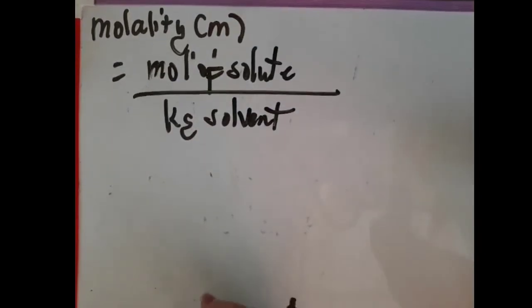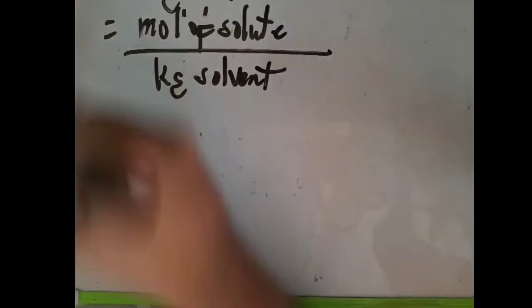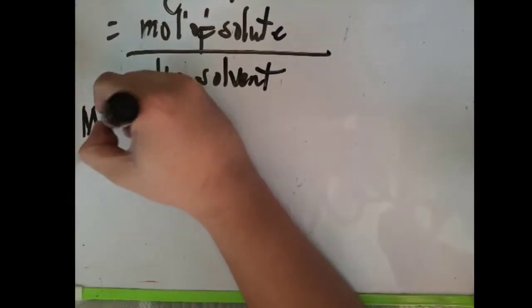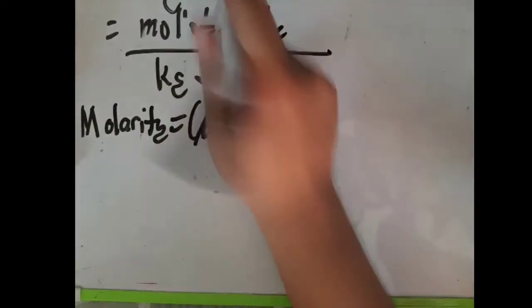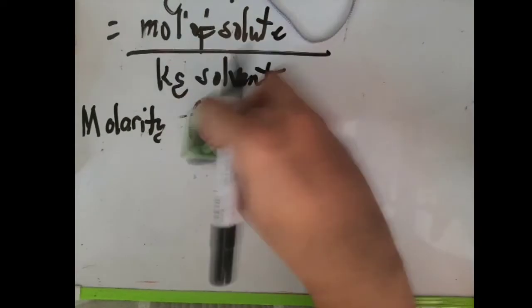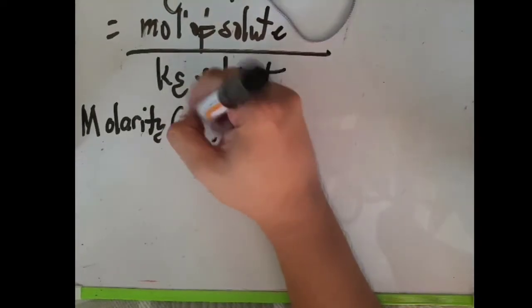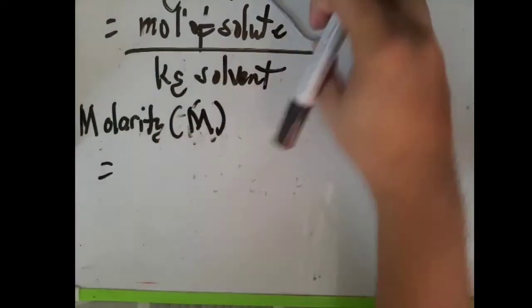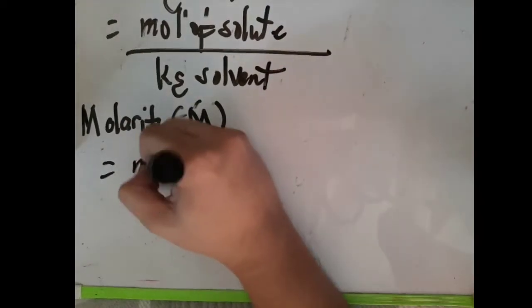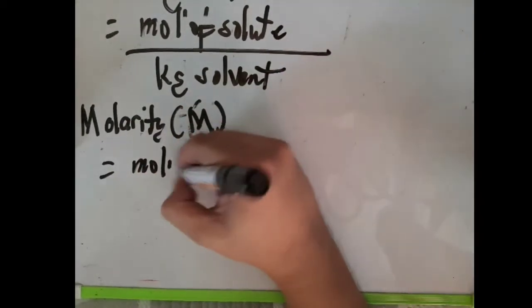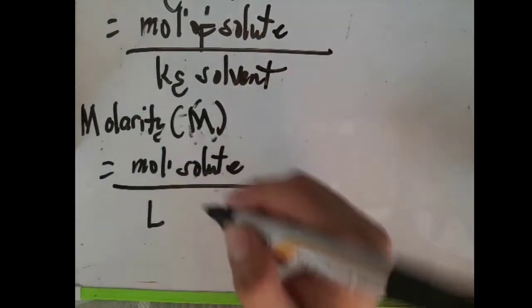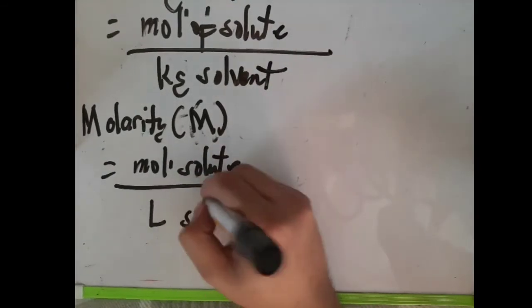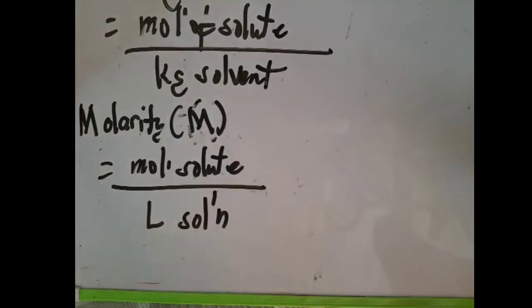That's it. Simple as that. Molarity, on the other hand, is equal to the mole of solute divided by the volume of the solution in liters. So that's it.